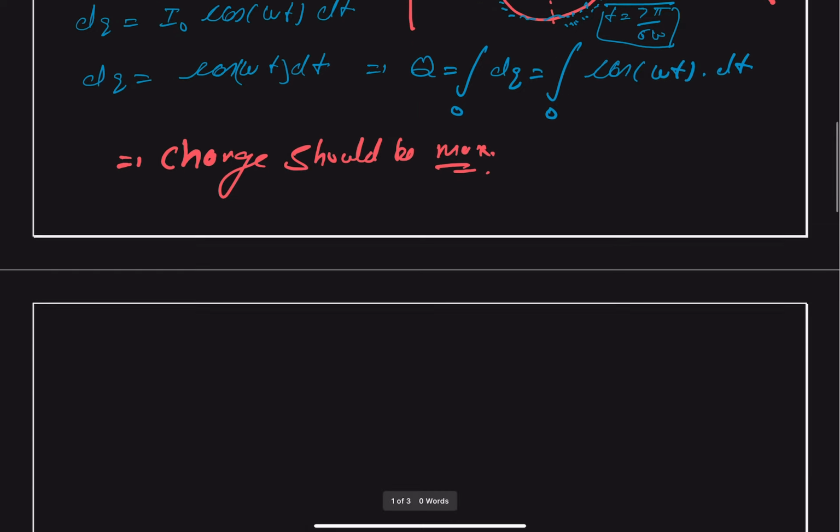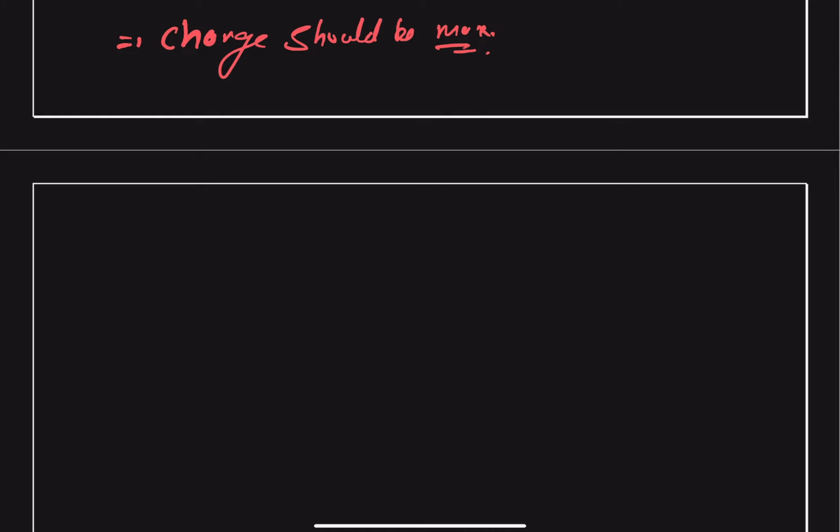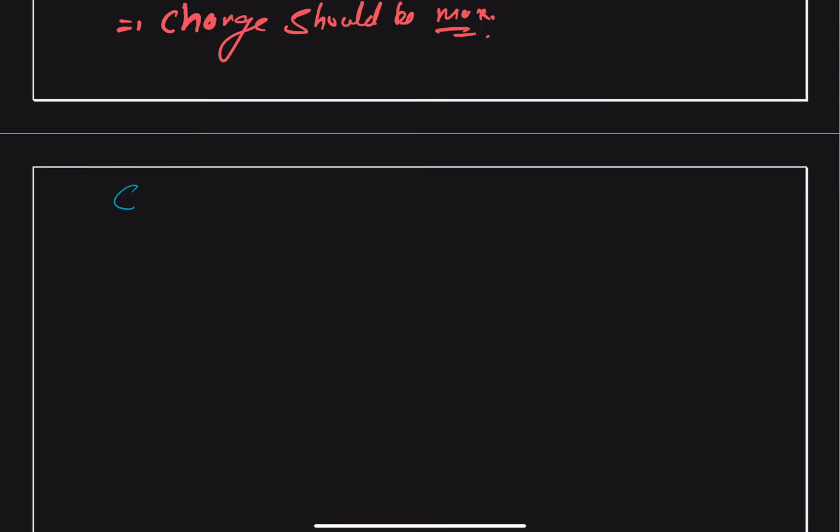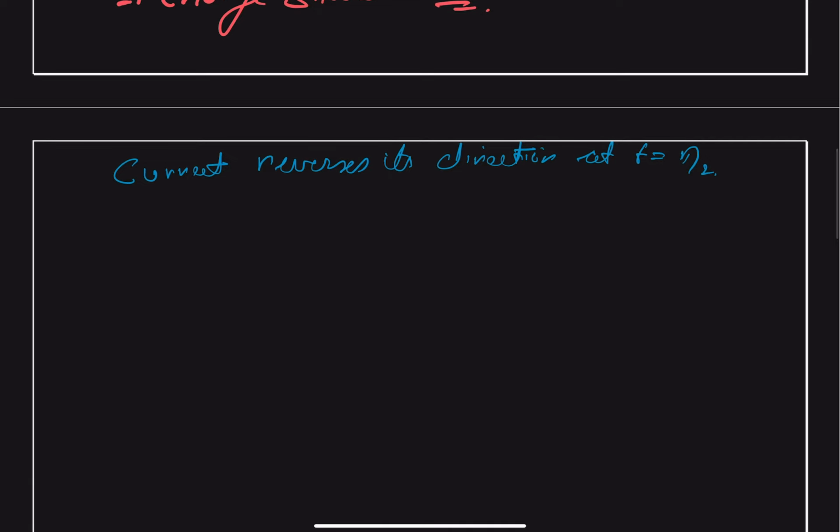Let me write it here: current reverses its direction at t equal to pi by 2, and because of this the capacitor starts to discharge.